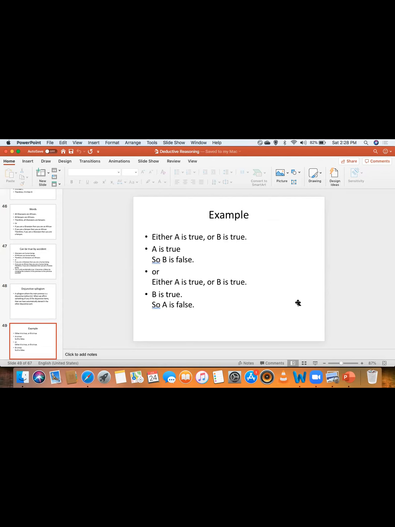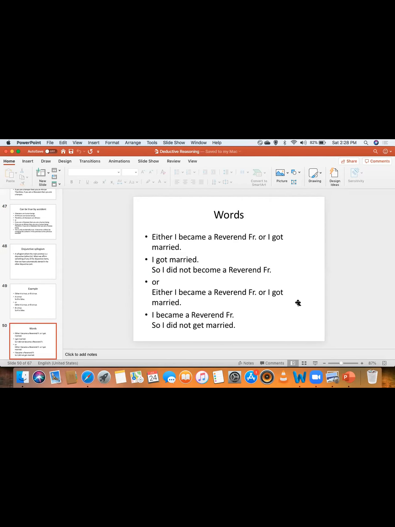Even children will not commit it. If you say either A is true or B is true, A is true, so B is true, no one will say that. Or you say A is true or B is false, so B is true, so A is true. That cannot be. So the fallacy is too simple for anyone to commit. That's why we don't teach it.